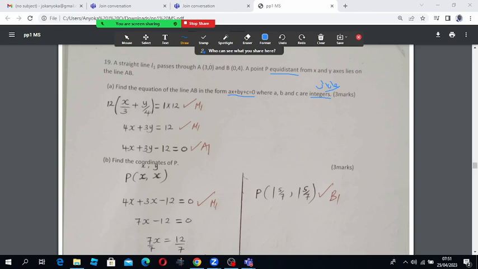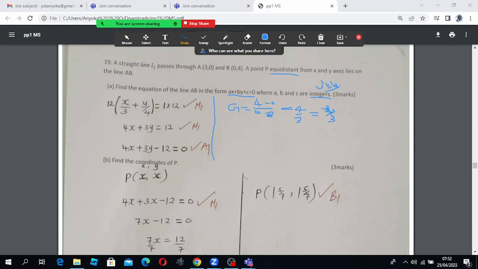If you take note, anyway, I'm not an advocate of this cramming, but it is okay. Let's find the gradient. The gradient will be equal to what? Change in y over change in x. Let's start with B. 4 minus 0 over 0 minus 3. So we have 4 over negative 3, the same as negative 4 over 3.